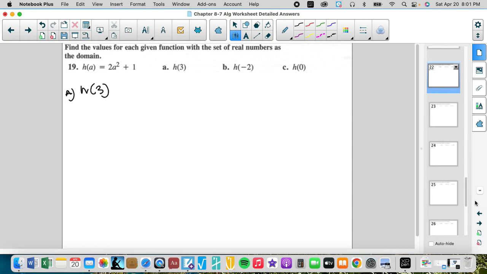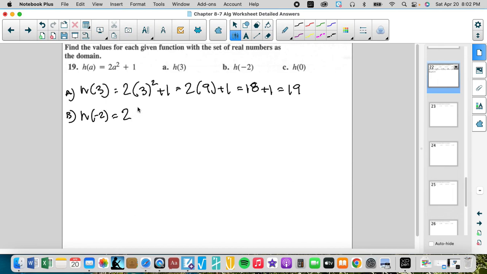H of 3 equals 2 times 3 squared plus 1. So orders of operations, we're going to do the squaring first. So 2 times 9 plus 1, which is 18 plus 1, which is 19. B is going to be H of negative 2.